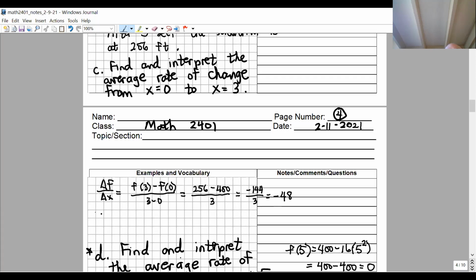Okay. So let's see if we can say it correctly. We would say on average, you've got to start with the on average here, okay, from x equals 0 to x equals 3, the height of the screwdriver changes, or you can say the screwdriver falls.